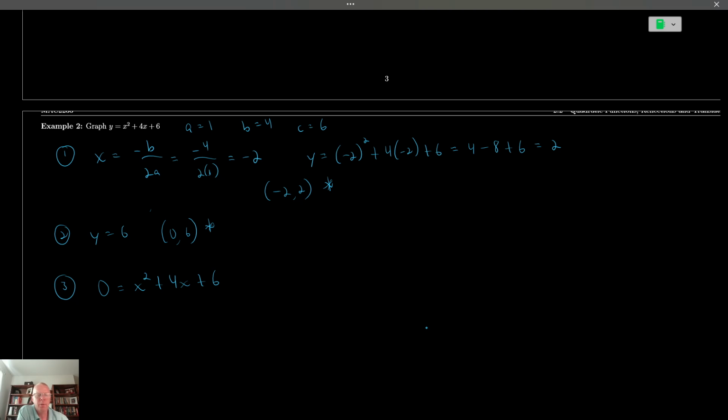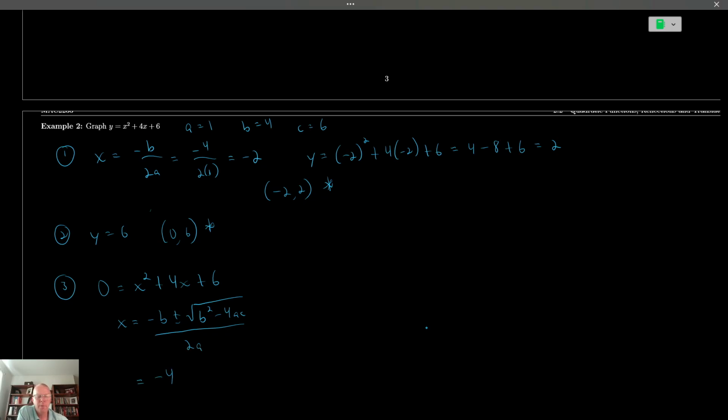I don't think that factors. So 3 and 2 are the only ones, or 6 and 1, but we're not going to get either of those to add up to 4. So let's use the quadratic formula. Quadratic formula, -b plus or minus square root b squared minus 4ac over 2a.